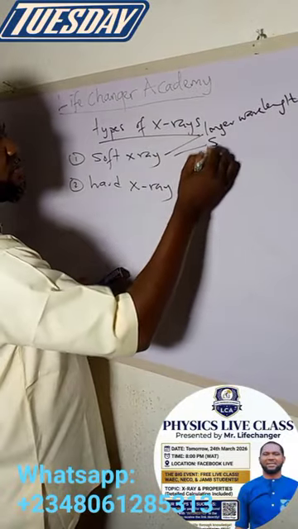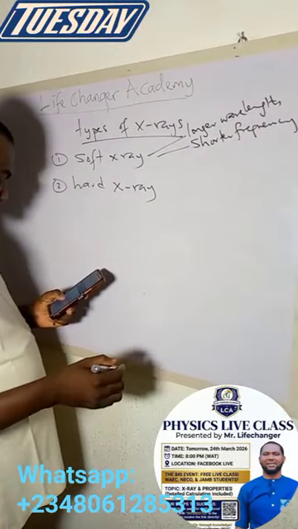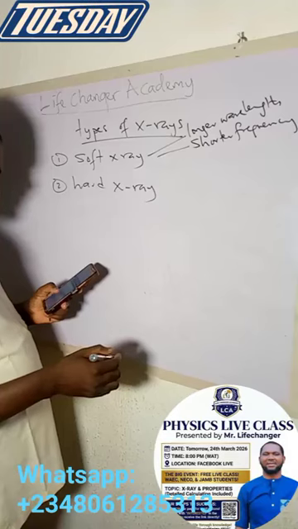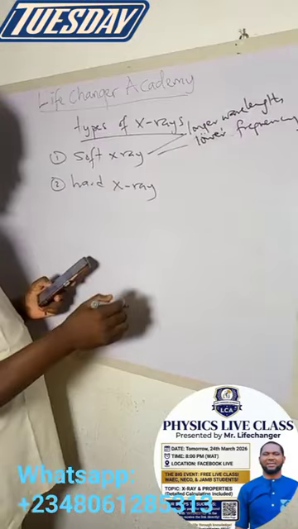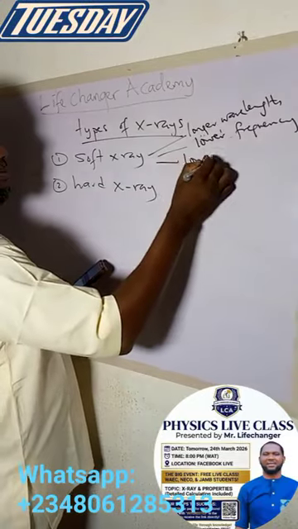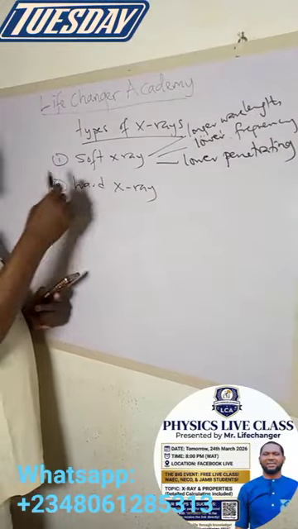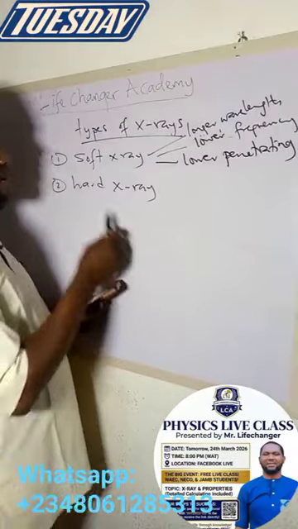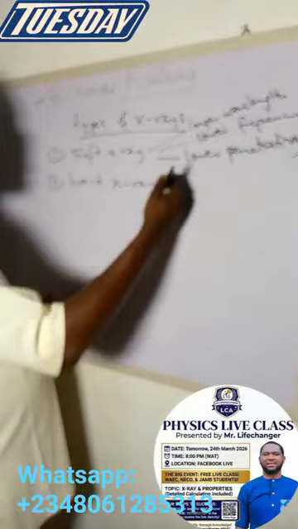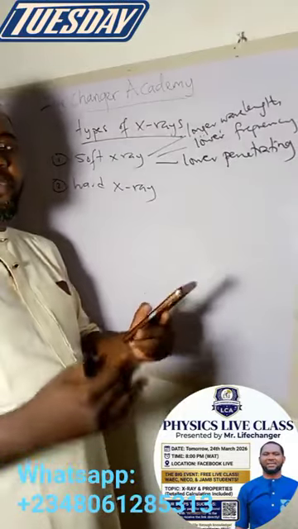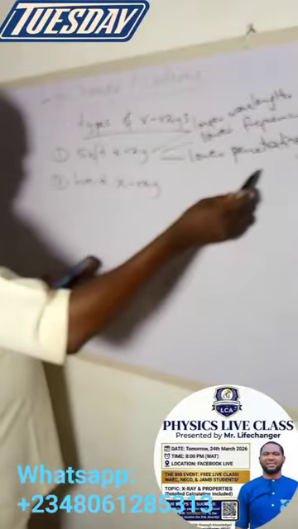It has a lower frequency. It has a lower penetrating power. As a matter of fact, if you're asked to define soft X-ray, you should say that it is X-ray with a lower penetrating power compared to hard X-ray. Even though hard X-ray has a higher penetrating power, remember this is in comparison. Both of them are X-rays, but one is milder than the other, while the other is harder. So lower penetrating power.